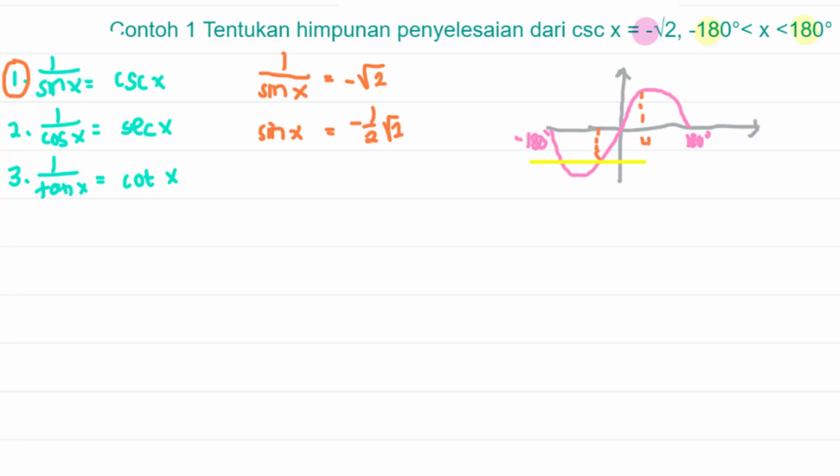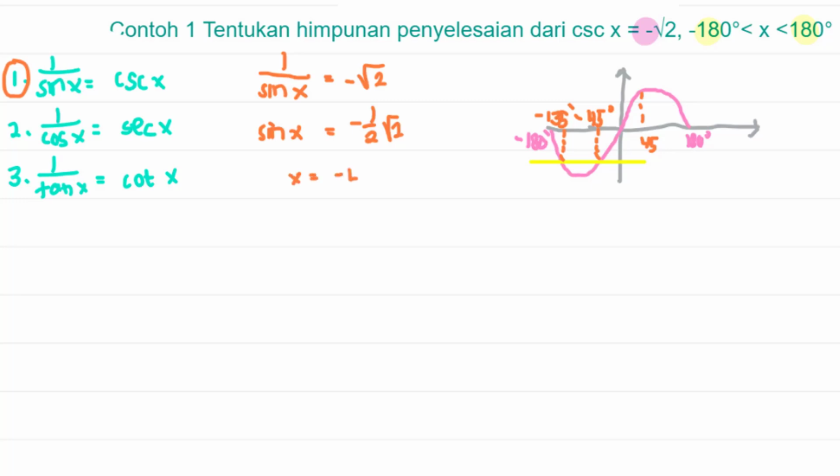So this is the line y equals minus a half square root of 2, which intersects this graph at the third and fourth quadrant. This is the position of 45 degrees, where the value of sine is a half square root of 2. Since it is symmetrical to the left, it will be minus 45 degrees here. Then we go from minus 180 to the right 45 degrees and obtain minus 135 degrees.